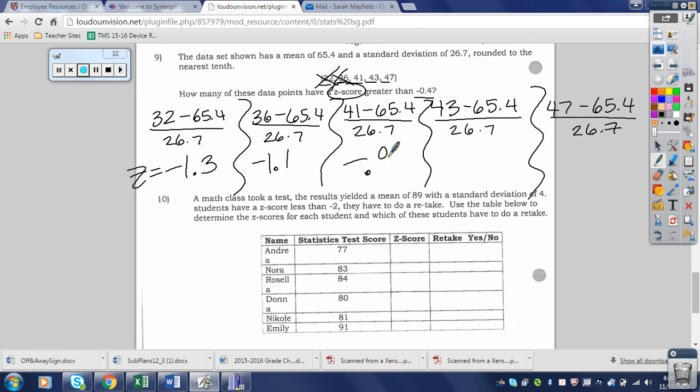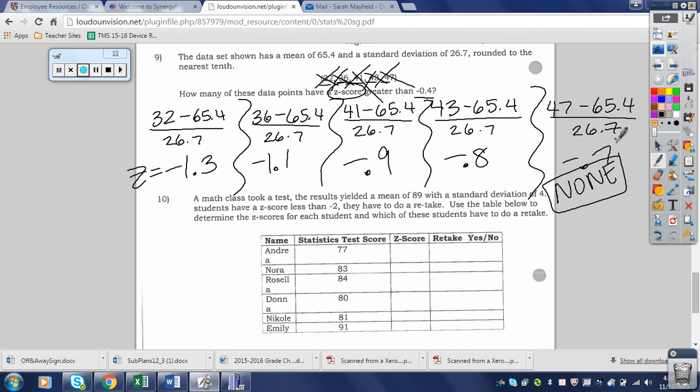You get negative 0.9. Is that greater than negative 0.4? No. Now try 43. 43 minus 65.4 divided by 26.7. Negative 0.8. Is that greater than negative 0.4? No. Now try 47. You get negative 0.7. Is that greater than negative 0.4? No. So none of them work. So we did all that work for nothing. None.